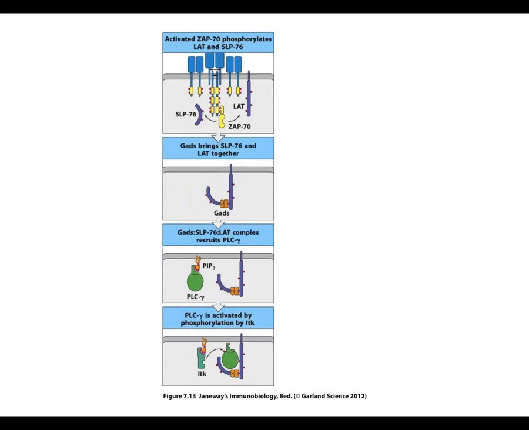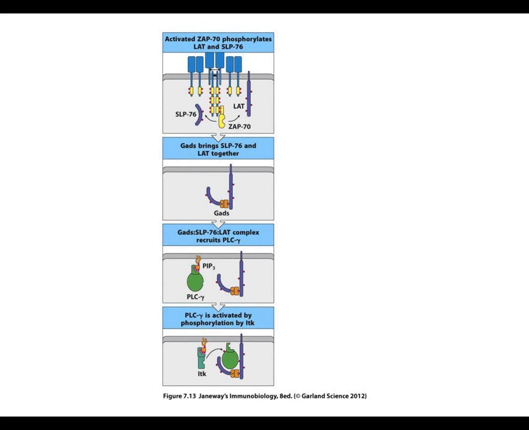So once that ZAP70 is phosphorylated, its next move is to phosphorylate SLP76 and LAT, which are brought together by something called GADs, which in turn activates phospholipase C, PLC. Okay?